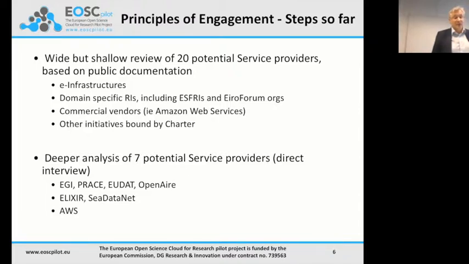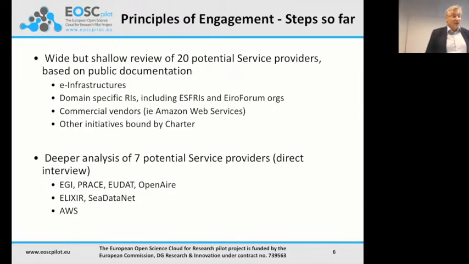Among the Aeroforum organizations you find CERN, EMBL, ESA and so on, typically the intergovernmental organizations. We also looked at what large commercial vendors do, for example Amazon Web Services, and other initiatives bound by some charter of some sort.